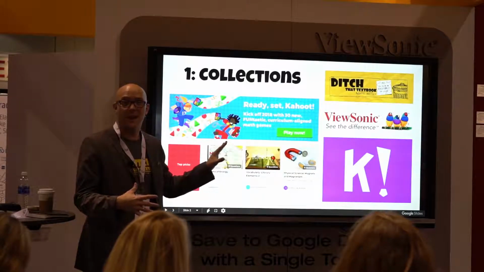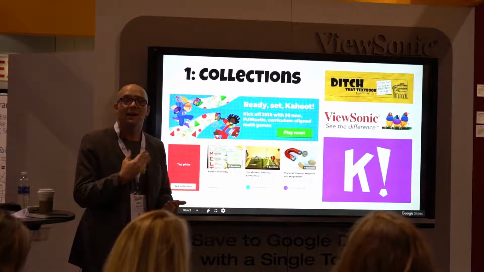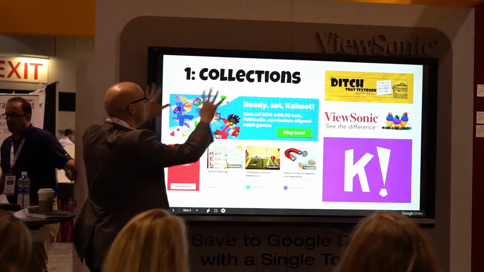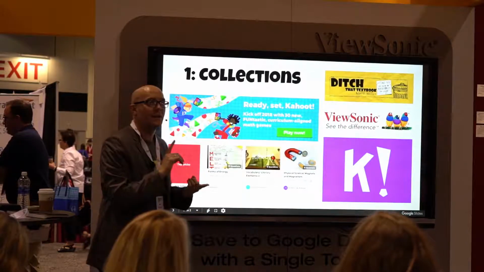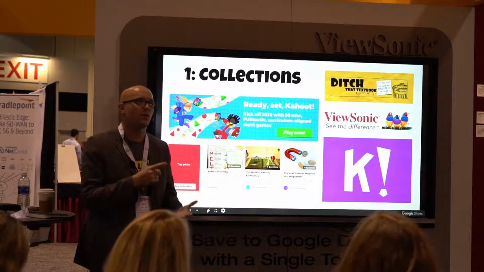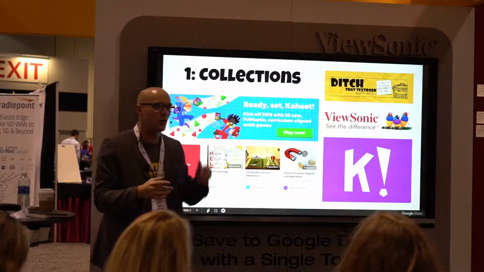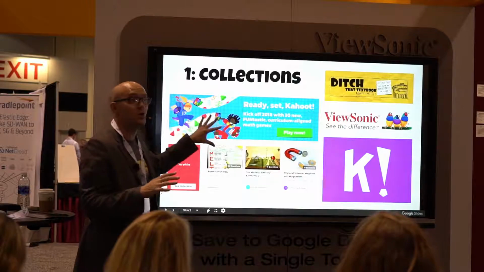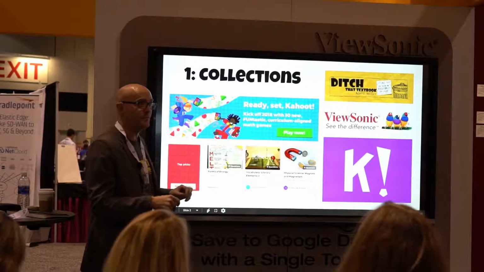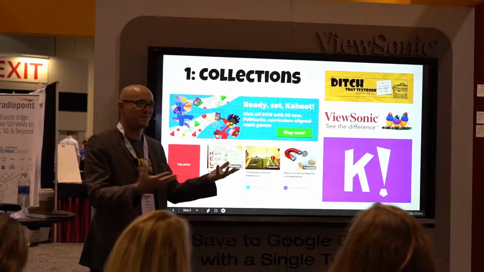Kahoot heard us, and they've created these curriculum-aligned, standards-aligned games. In these collections, they've got them for math, English language arts, history, science. I think there are even some for photography and music. They've got a variety of different categories. If you go to the Kahoot site, kahoot.com, which by the way is a step up from Get Kahoot, you guys have seen that change.